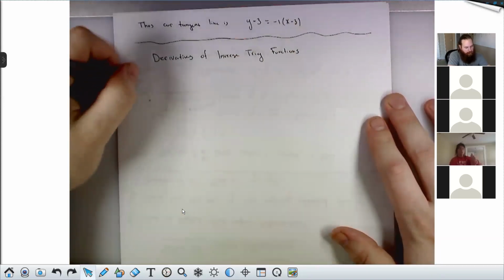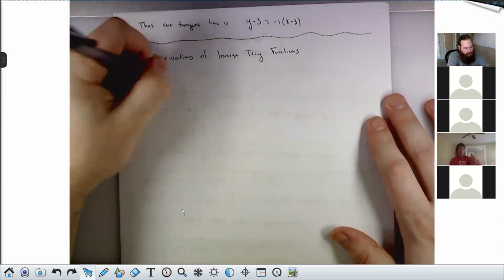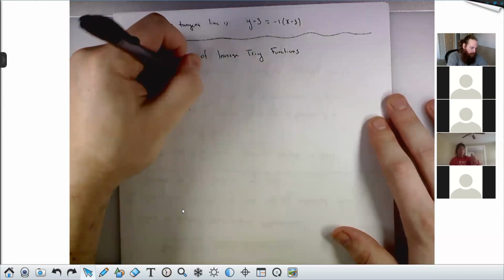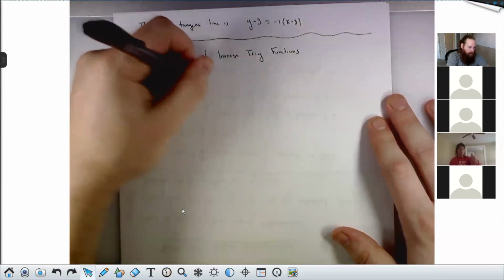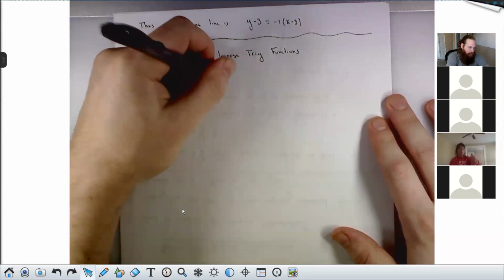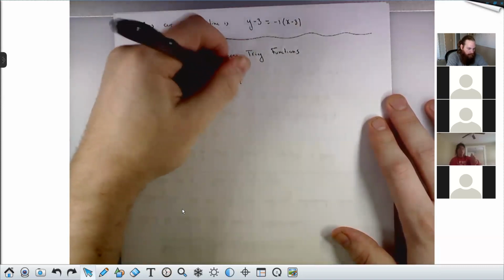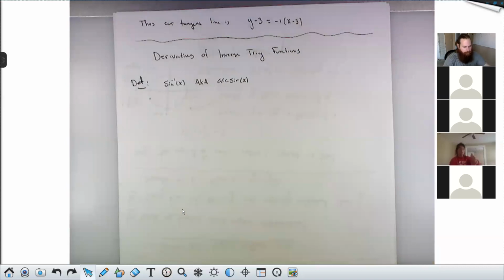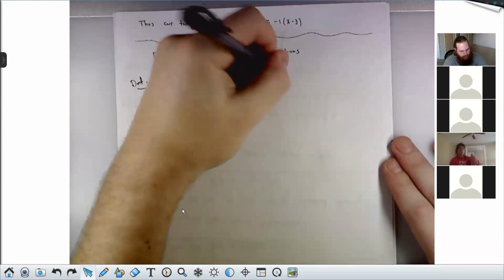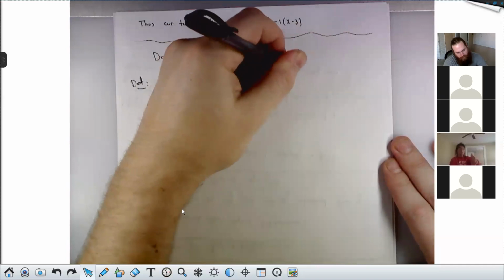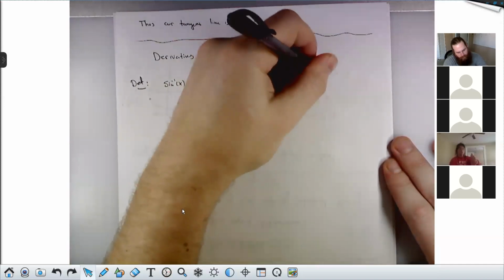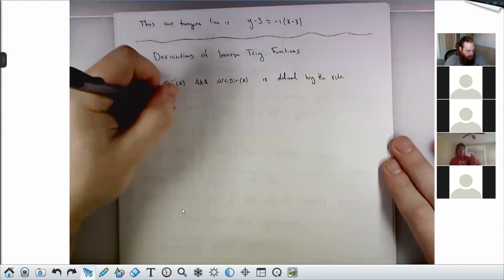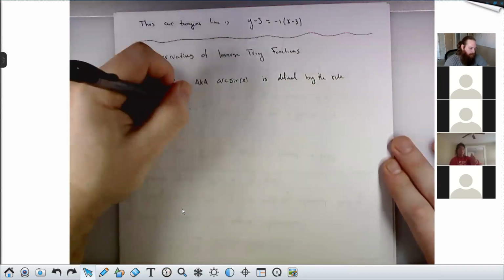So first, remember what these things mean, like sine inverse of x, AKA arcsine of x. It's defined by the rule, I like the inverse notation like this.